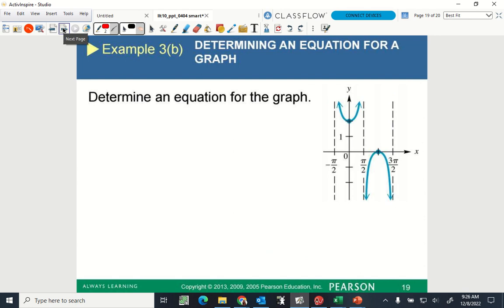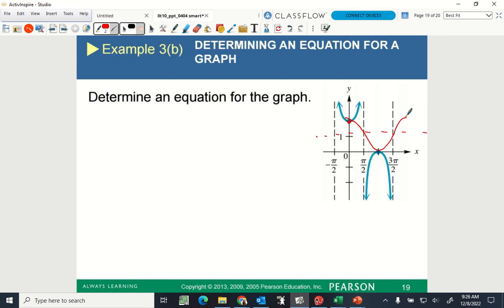So that's right here. If I have this one here, let's see. If I start here, you have a phase shift of like plus pi over 2, right? Because it starts at 0, but the asymptote is at negative pi over 2.